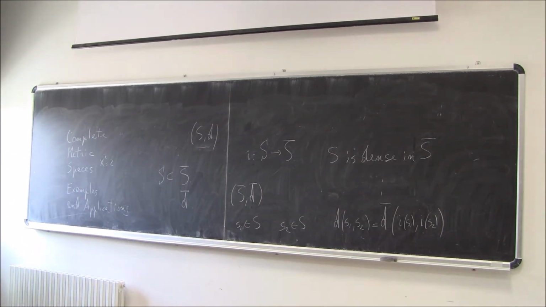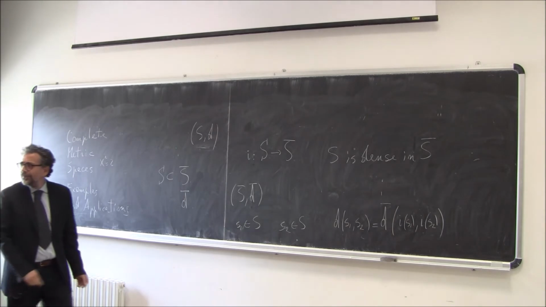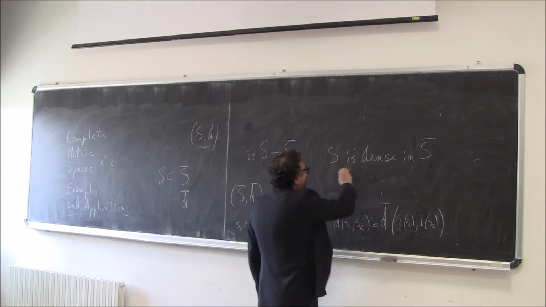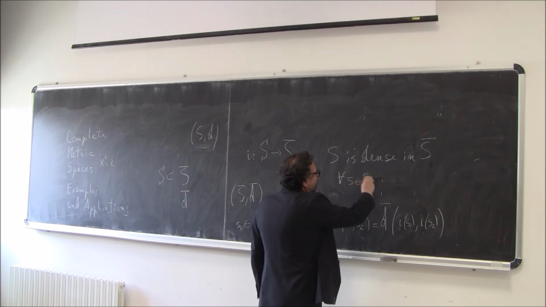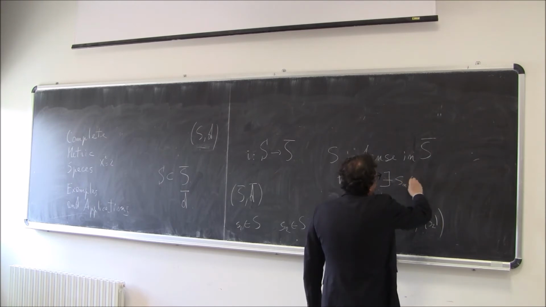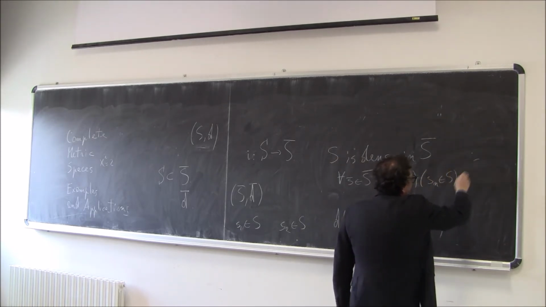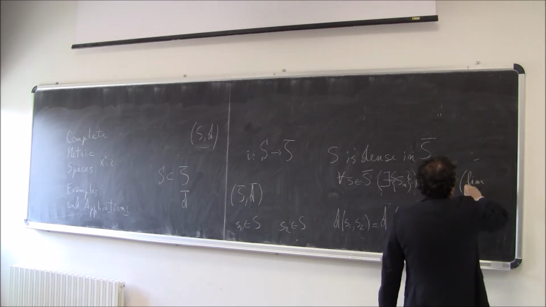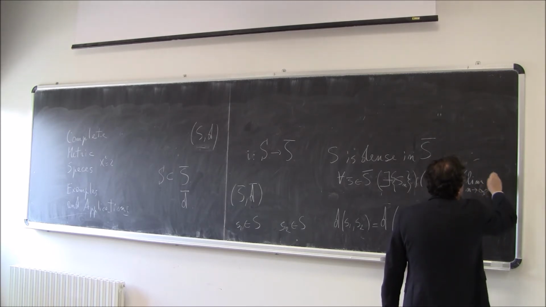Which means that every element of S bar is the limit of a sequence of elements of S. So, this means that for every S bar belonging to capital S bar, there exists a sequence Sn of elements Sn belonging to S, for which the limit of Sn is S bar.